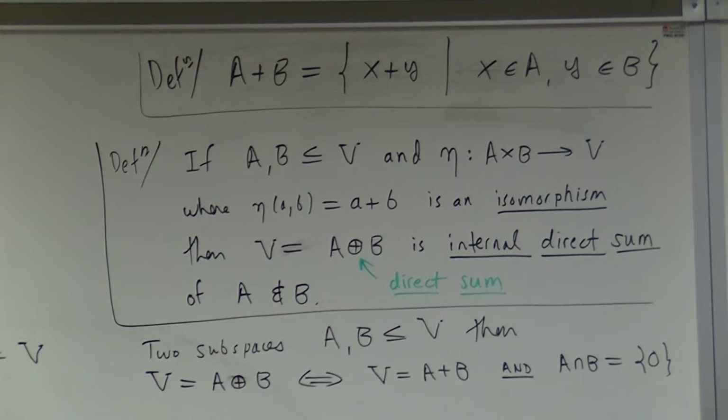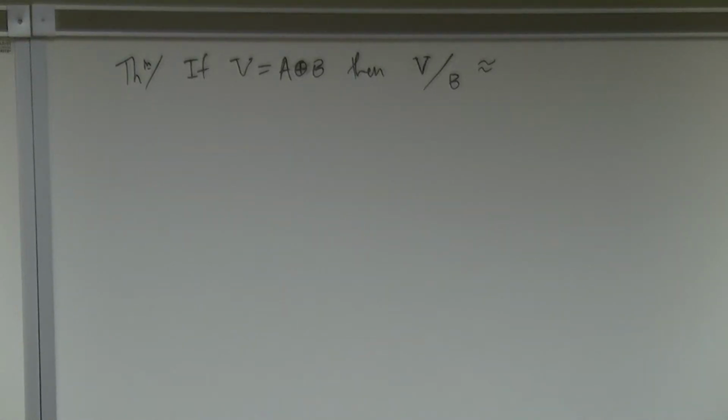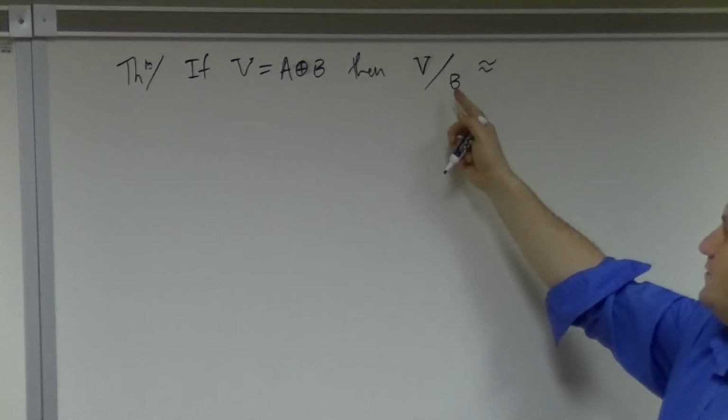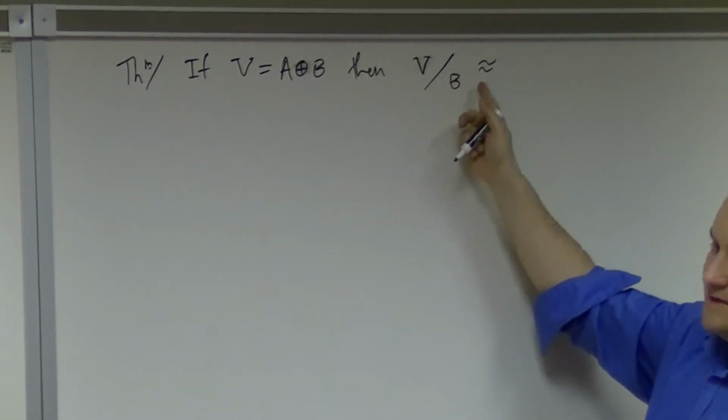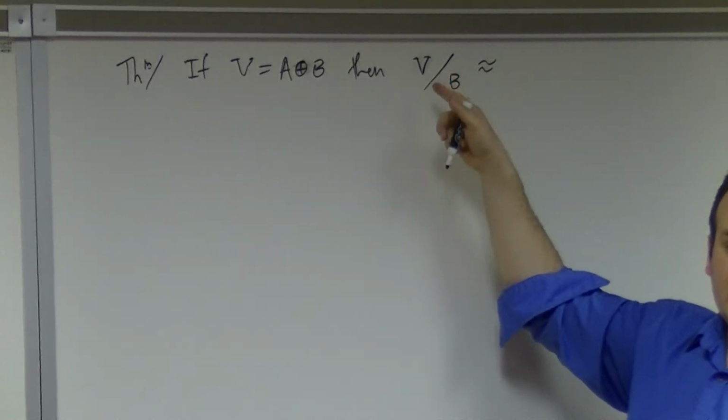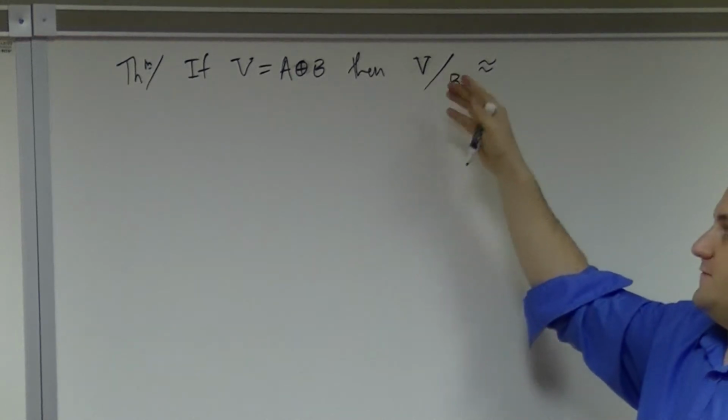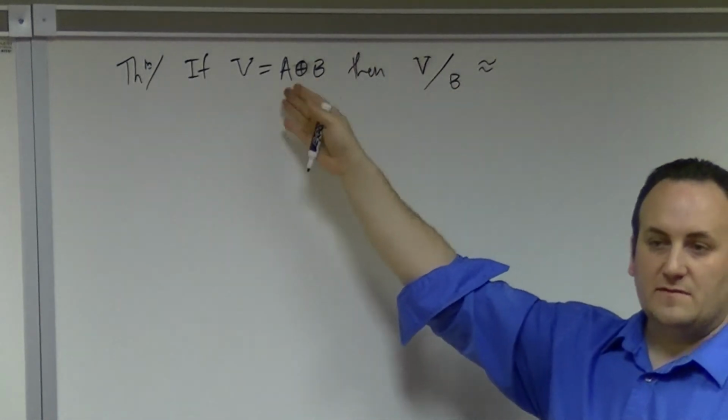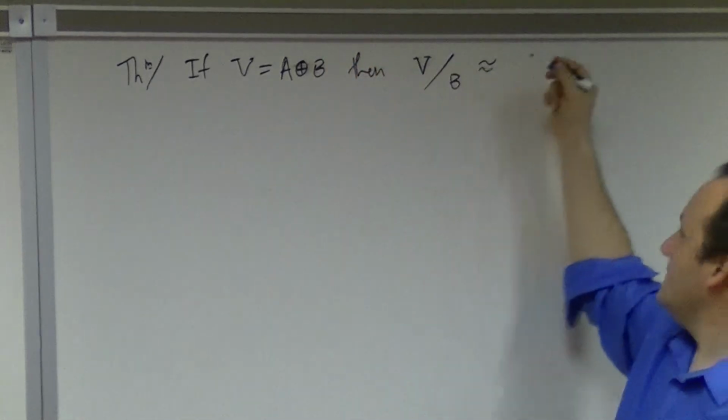Intuitively speaking, what are you doing with the things in B? Getting rid of them, yes. We're putting them all to zero, right? When we take the quotient by B, that's essentially thinking of everything in B as being the zero for the new space. So if everything in B is like zero, what are you left with? A, right? So that's in fact the theorem.